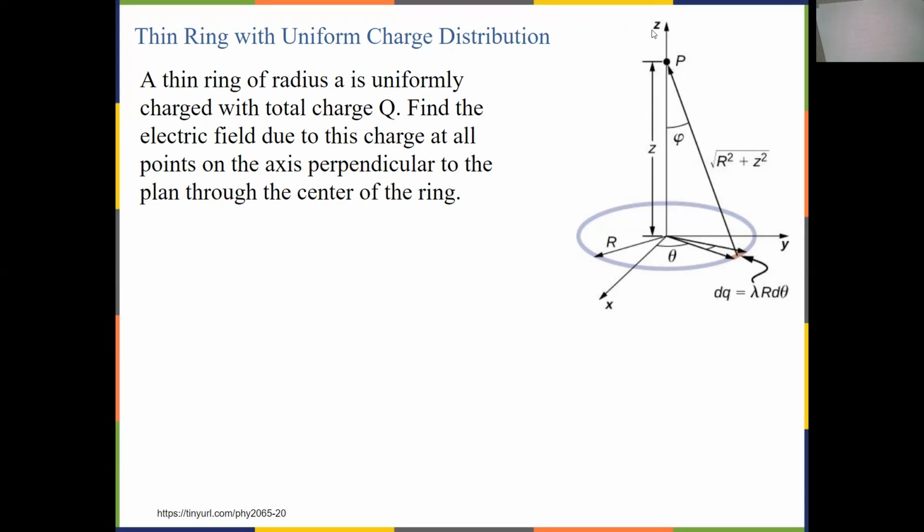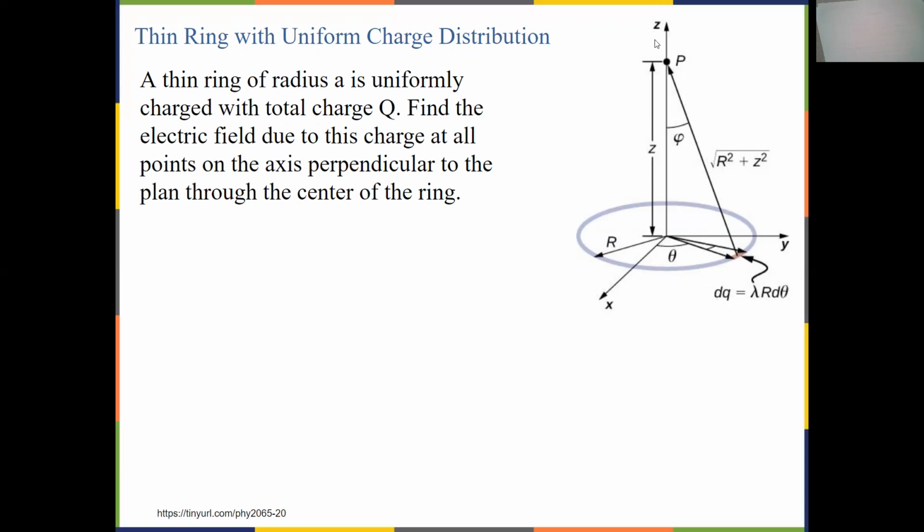Now, due to symmetry, you can imagine there's another small slice on this side, which will produce an electric field in this other direction. If this one goes in this direction, then this one goes in that direction.